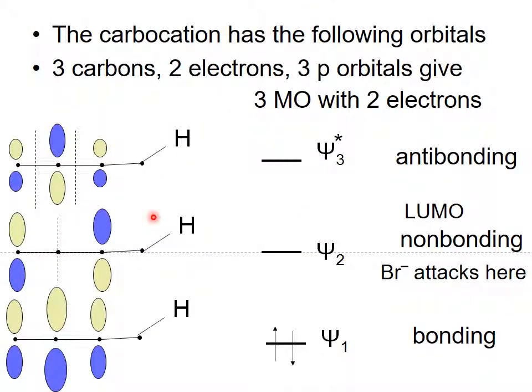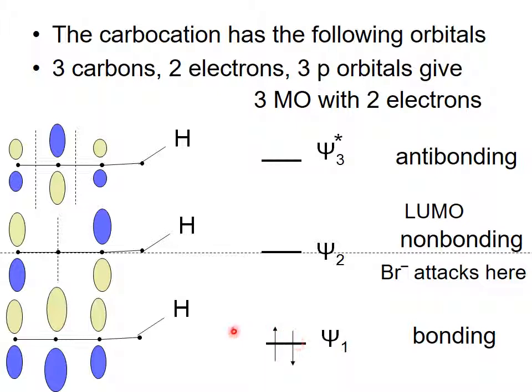The carbocation has the following orbitals. It actually has a molecular orbital system because there's 3 carbons in there, 2 of them a double bond, and 1 has an empty p. So there's 3 p orbitals, and they form 3 orbitals, one of which is non-bonding. This is the lowest energy orbital, and since it has a positive charge, there's only 2 electrons in the pi system.